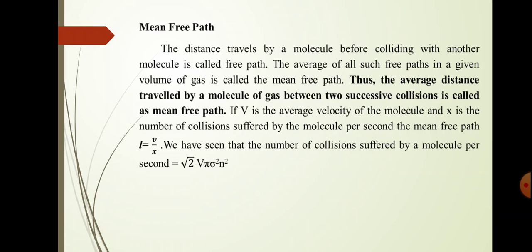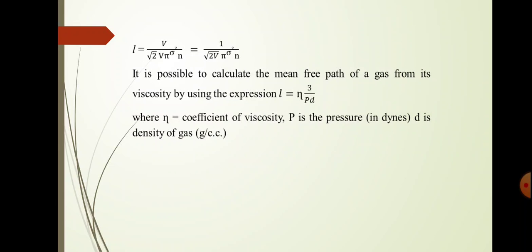We have seen that the number of collisions suffered by a molecule per second is equal to root 2 v pi sigma square n. So L can be written as v upon root 2 v pi sigma square n, which can be written as 1 upon root 2 pi sigma square n.